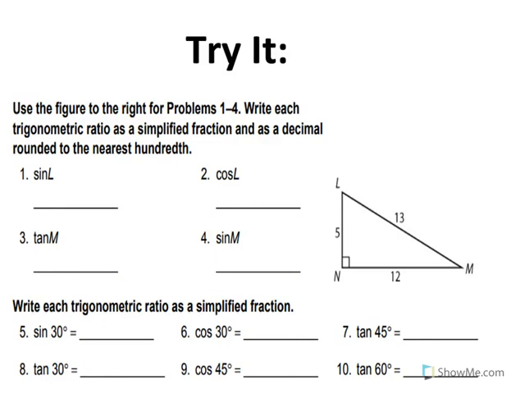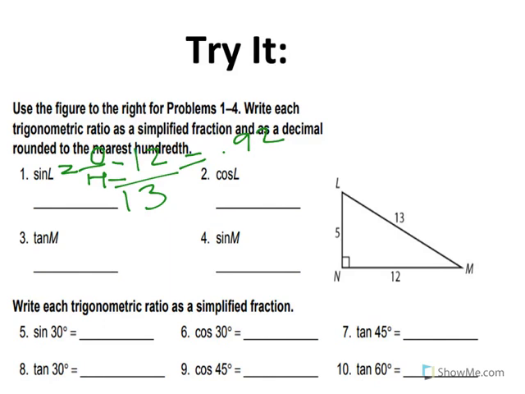So for number 1, we're looking at angle L. So sine of angle L is opposite over hypotenuse, which gives us 12 over 13. Right, and then we said to use the calculator to reduce that 12 over 13. So it would be 0.9 to the nearest hundredth, so 0.92.